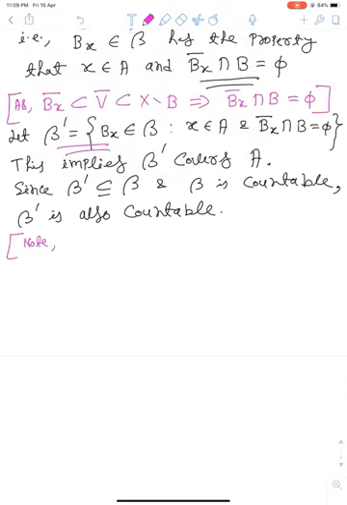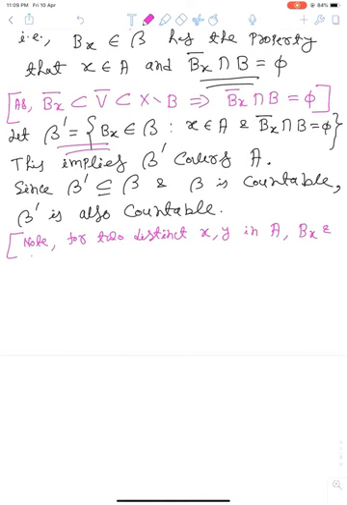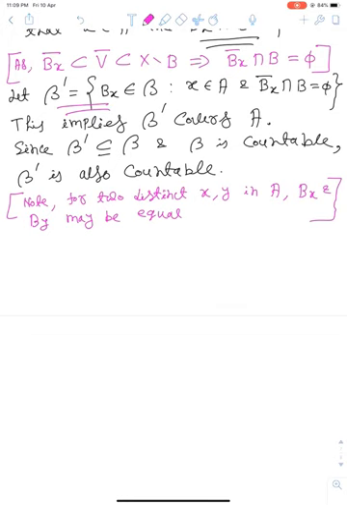So note, for two distinct x, y in A, Bx and By may be equal, right?